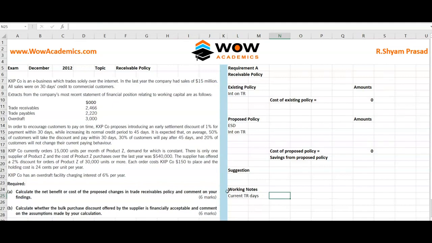The formula works like this: 365 into the trade receivable divided by the credit sales. This formula will give you the current trade receivable days. So we'll start. 365 into trade receivables, which is 2466, divided by the sales.